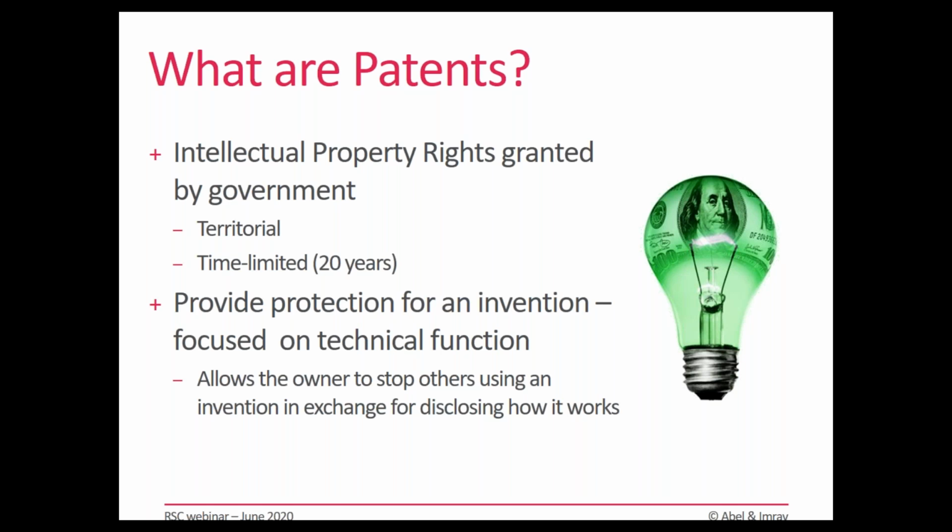That means that even if someone else came up with the same idea later on, if they were slow to file their patent application, then unfortunately the person that got there first is the person that gets the rights. But as I say, this deal is time limited. So once that patent has expired, the rest of the world is then free to use it. And that's the principle behind the system.